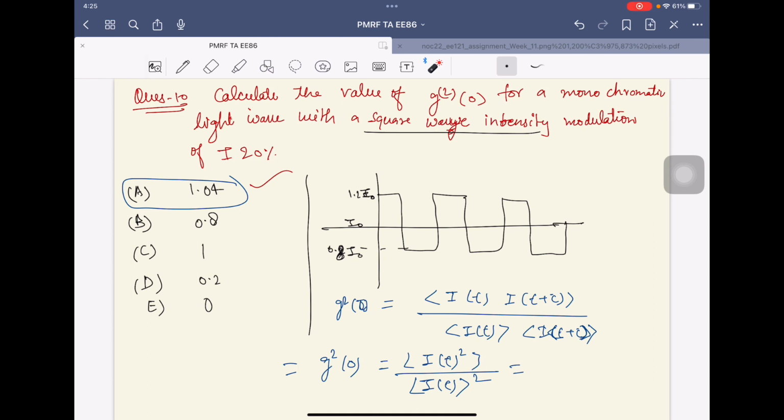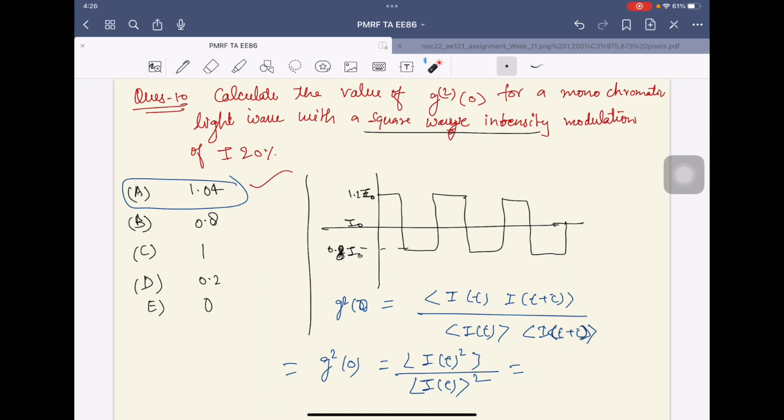I can explain it like this: the square wave is given like that, and if the intensity is I0 equal to 1, then plus minus 20% means 1.2 I0 and 0.8 I0. The G20 value is the average of I at time t times I at time t plus tau, divided by the time average of I t times the time average of I t plus tau.